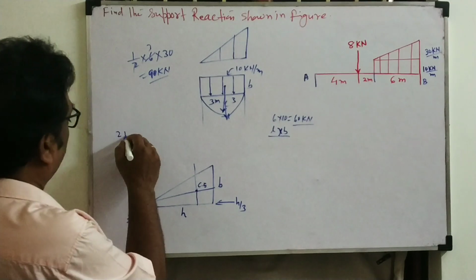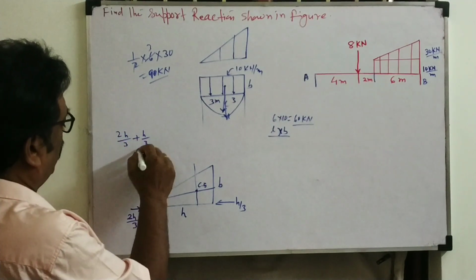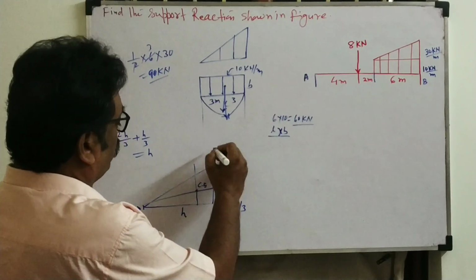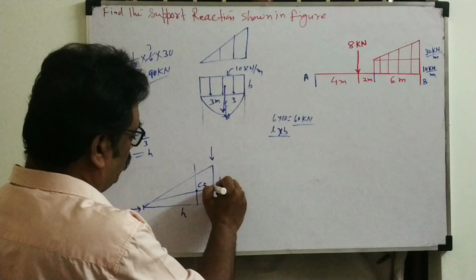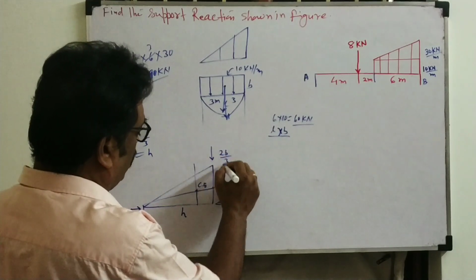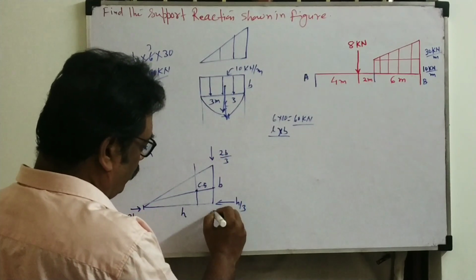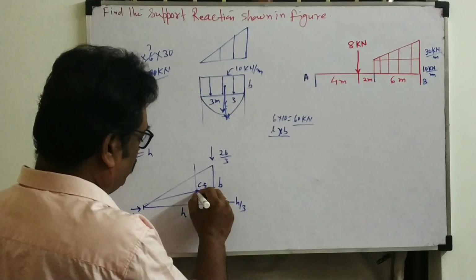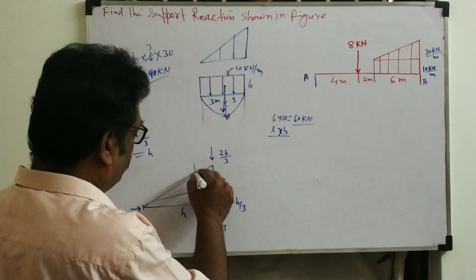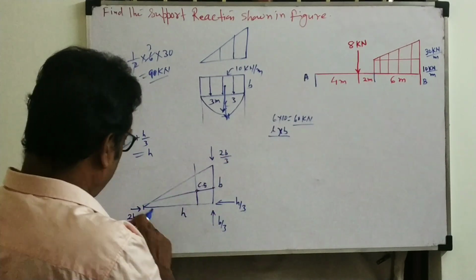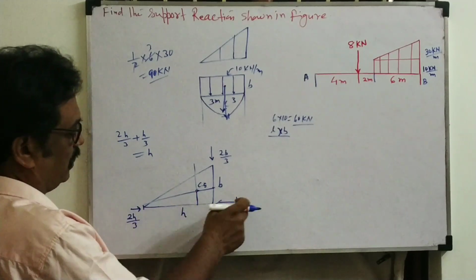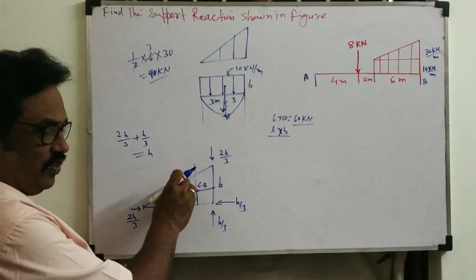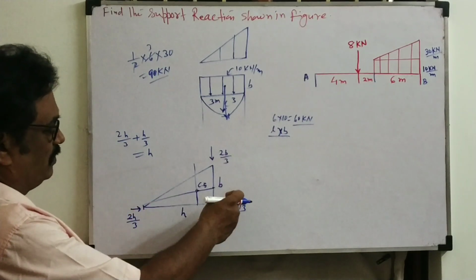If you add 2h by 3 plus h by 3, it comes to h only. Similarly, coming from this point to this point will be 2b by 3, and from this point to this point b by 3, so we reach the center of gravity point. So from the lower cross section it is 2h by 3, and from the bigger cross section it is h by 3.